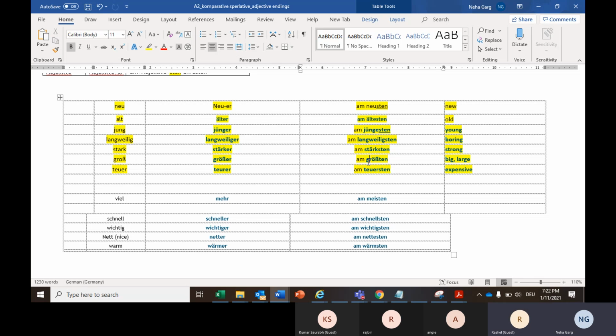Funny. Wirklich komisch. Okay, guys, Rachel has written, the church is old, the museum is older, and my grandfather is the most older person. Okay, funny. Angie, Saurabh, guys, please you also send. And then we'll proceed.